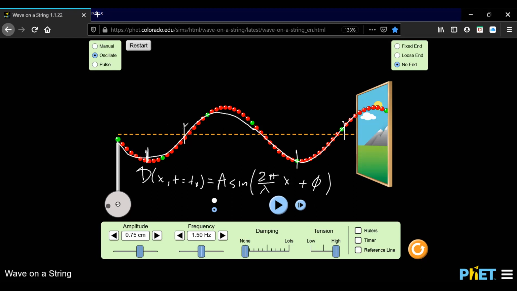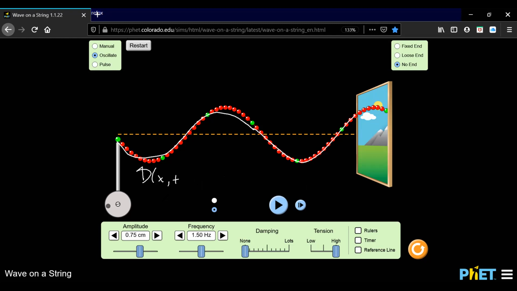But this is also an example where it's changing in time. And so if we graph the entirety of the wave at a single instant in time, we get the whole shape. That's called a snapshot graph.